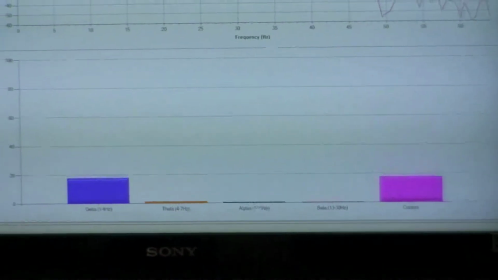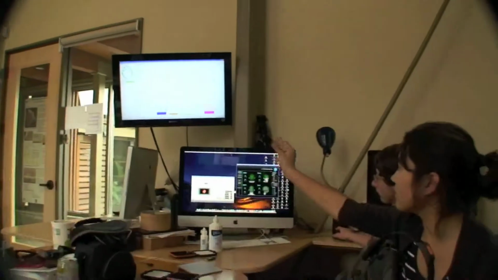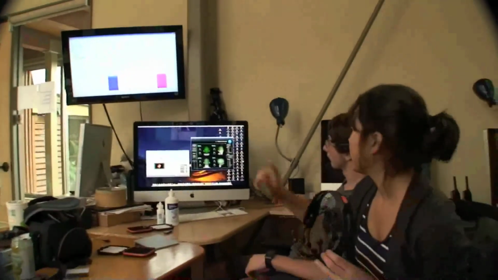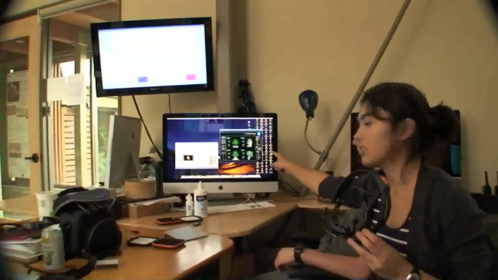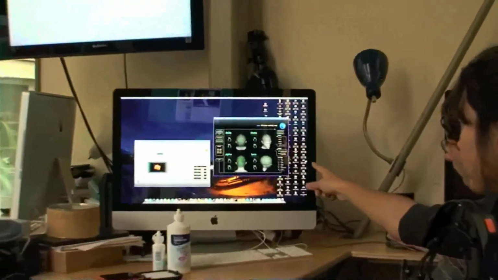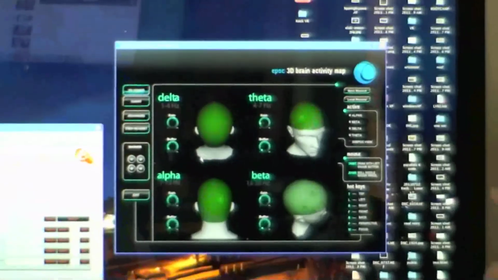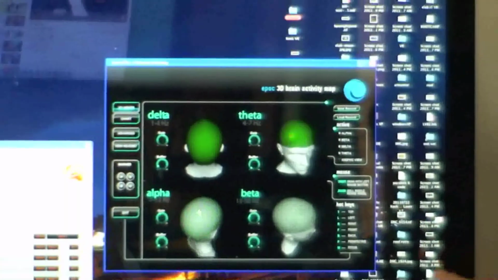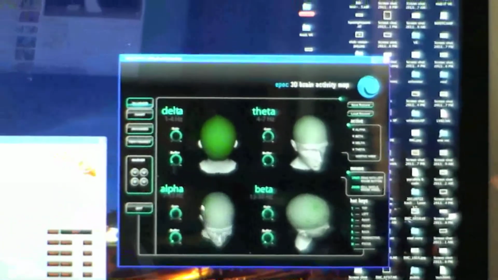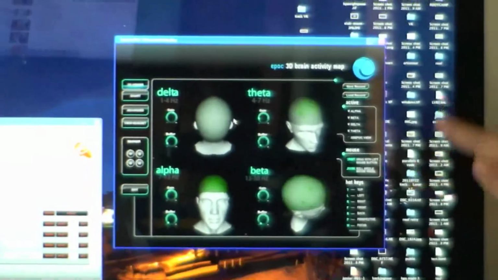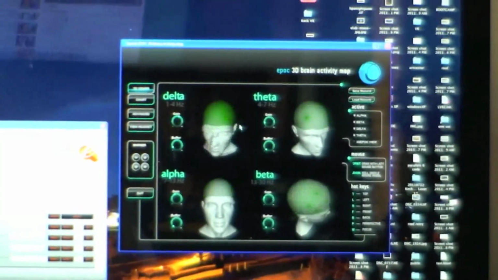The higher frequency waves are classified as beta waves, and then it goes down, the lowest frequency waves are delta waves. Down here we have a 3D brain activity map, which will actually show us what part of Duncan's brain is in use right now, as well as the 4 different wave classifications again.